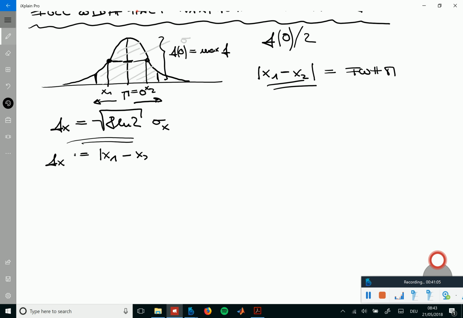x1 and x2, at which the maximum has fallen off to 1/2. The function that we are actually looking at is, of course, the Gaussian. So we are applying this whole thing to the Gaussian, which, of course, you know, has this form.